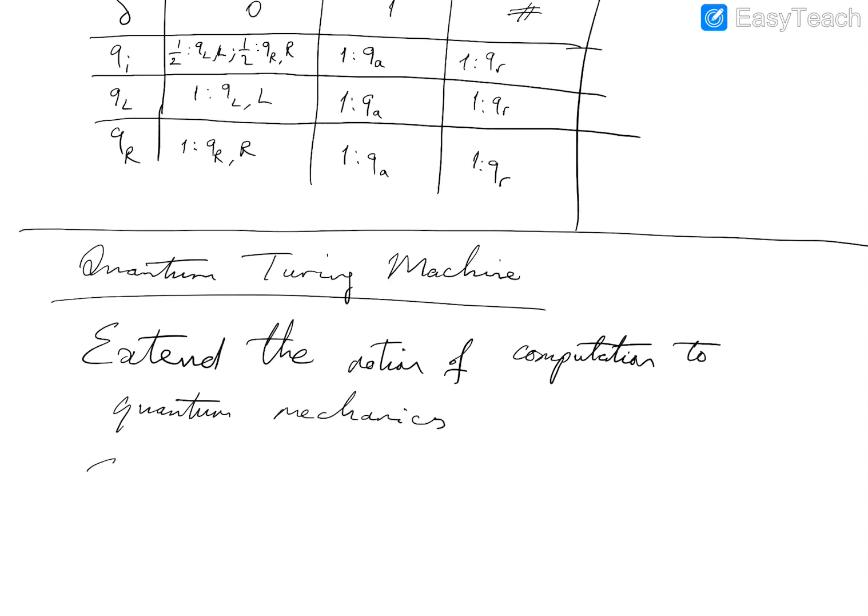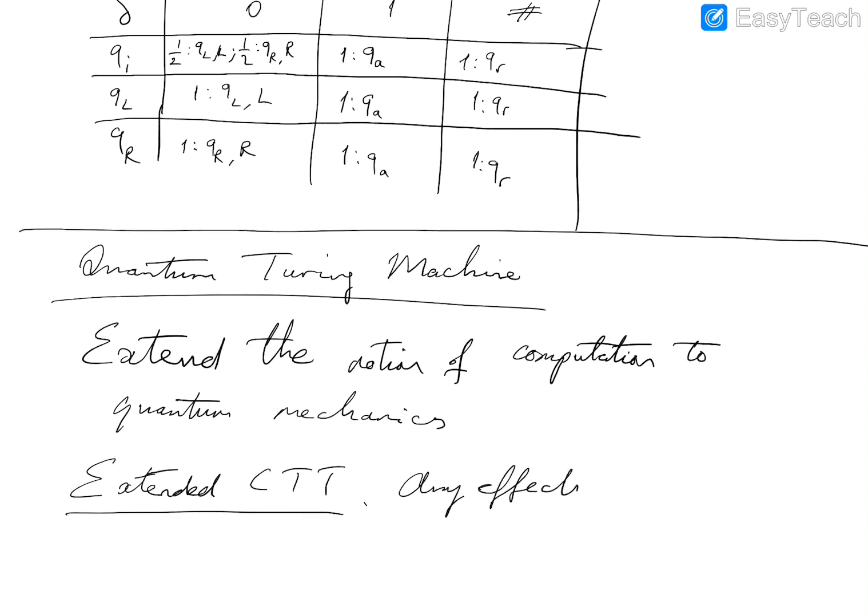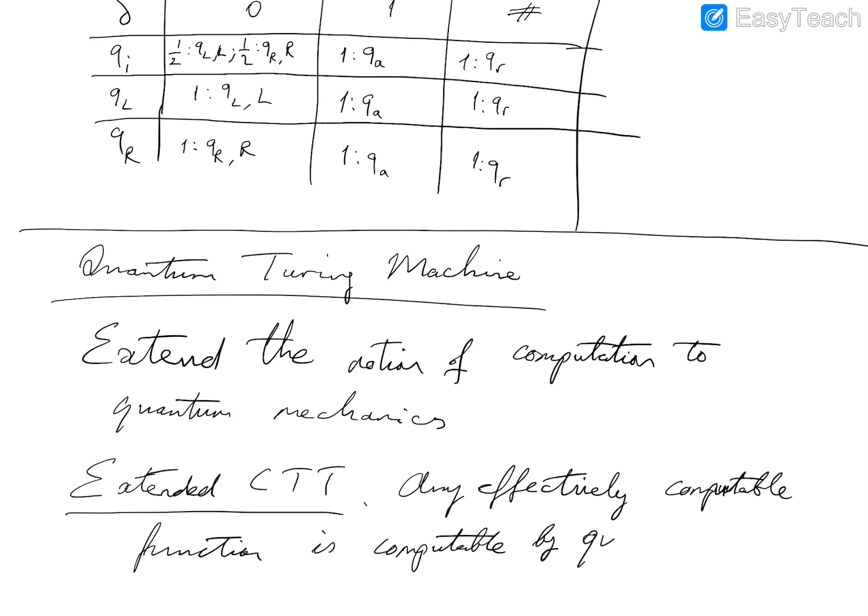The extended Church-Turing thesis, let me call it CTT, says that any effectively computable function is also computable by quantum computers.